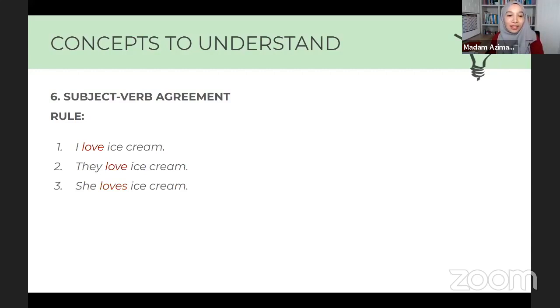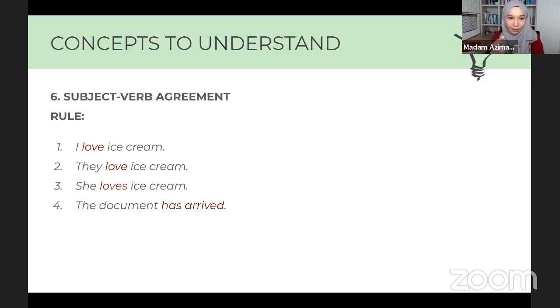She loves ice cream. Do you see? What happened to the love there? We put the S. We put the S because we have to agree, subject-verb agreement. She loves ice cream. The document, subject there, that's the whole thing, has arrived.